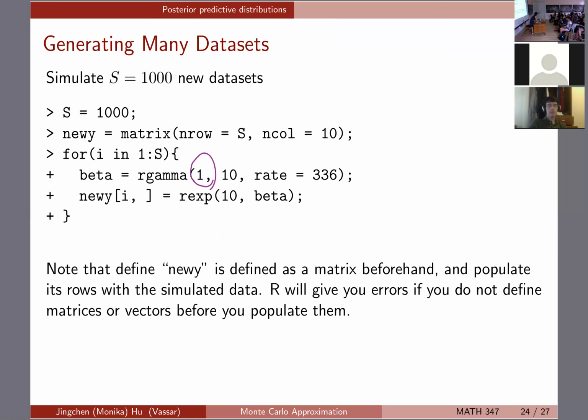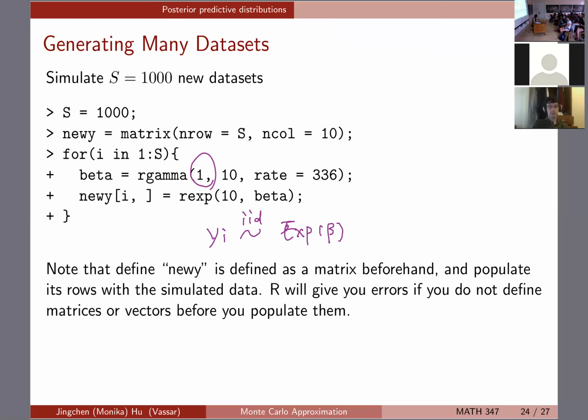Remember earlier when we were generating new samples of Y, we were doing 10,000 betas, and for each beta we generated a new Y, right? Here, pay special attention, because what was the assumption in the data model? The data model is saying that all of the observations are IID and follow the same exponential.